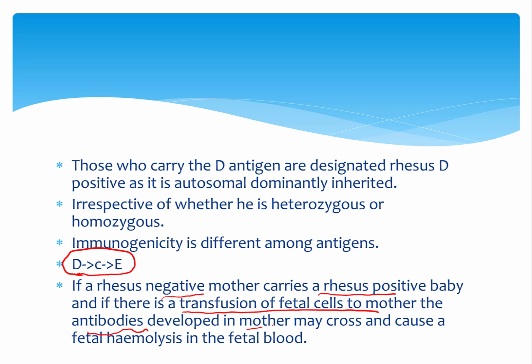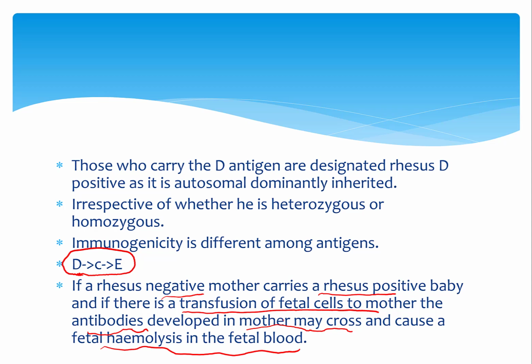Since the mother's blood volume is about 100 times or more larger than the baby's, she will have a large pool of antibodies. They will all go through this tiny circulation in the baby and destroy all cells which have a positive antigen coming out of the red cell membrane, and that will cause hemolysis of the fetal blood.